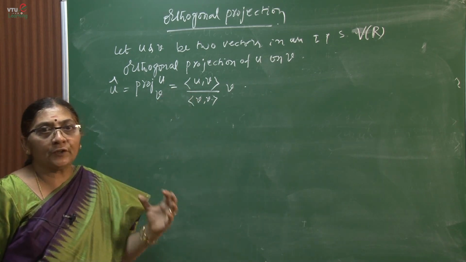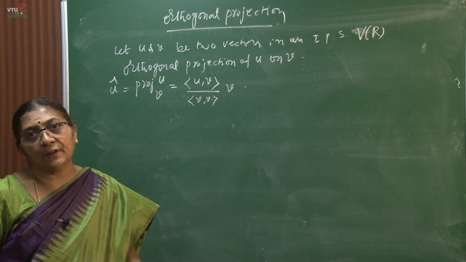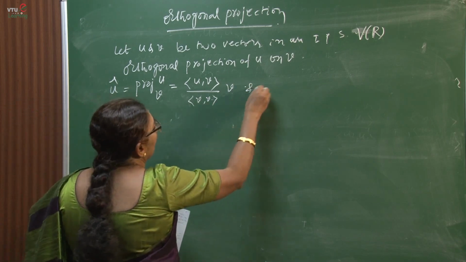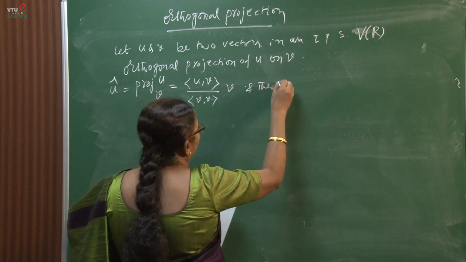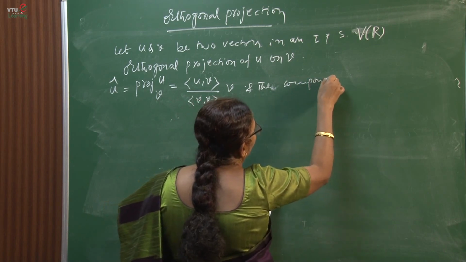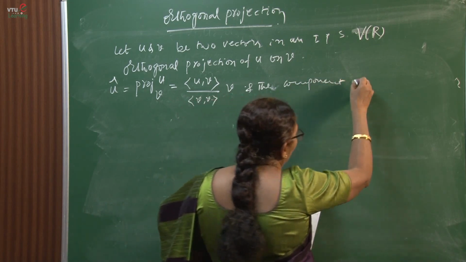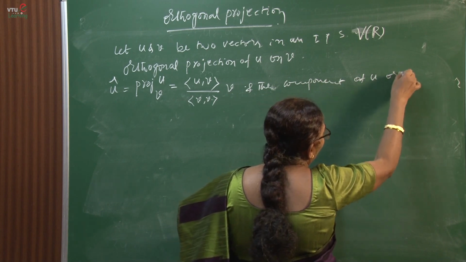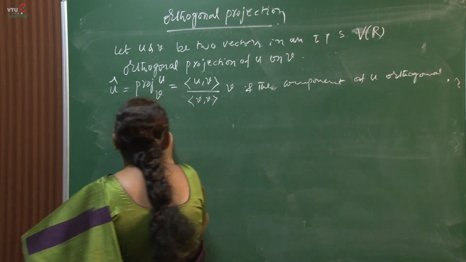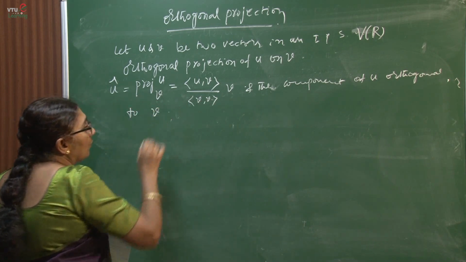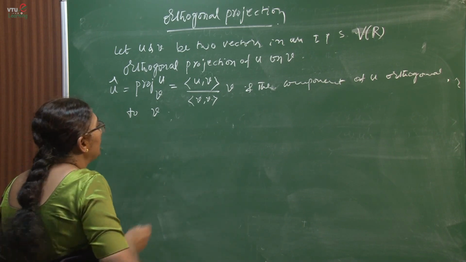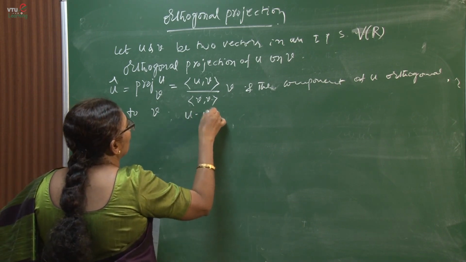This orthogonal projection is very important further also. Not only that, also the component of u orthogonal to v. What is the component orthogonal to v? It is u minus u cap.